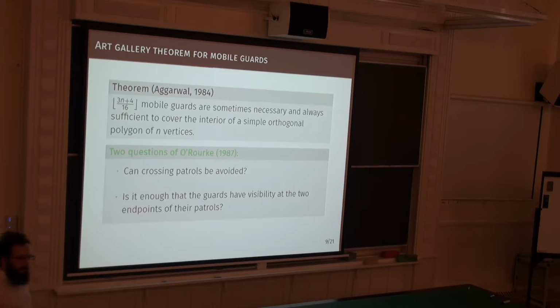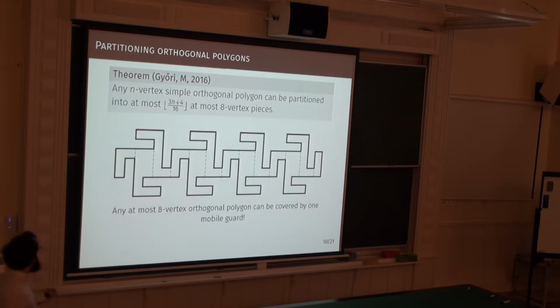So if we believe in the meta theorem, then we should look for a partition theorem behind Aggarwal's theorem. And we believed in it firmly, so we were able to find it. We proved that n-vertex simple orthogonal polygons can be partitioned into (3n+4)/16 pieces of at most 8 vertices. Now, why does it answer the previous two questions?